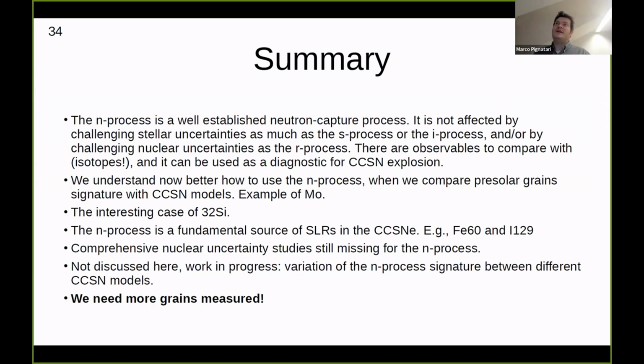In particular, we have really few grain measurements available. So definitely the potential that presolar grains have here, using the n process, having more presolar grain measurements would provide a really powerful diagnostic for core-collapse supernova explosions, without the large complexity.